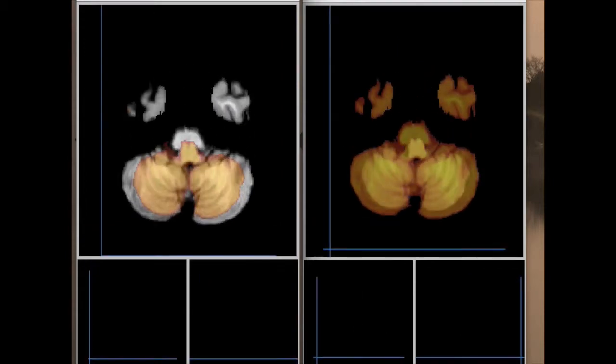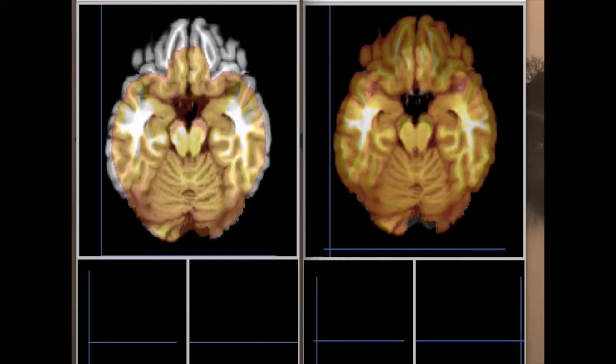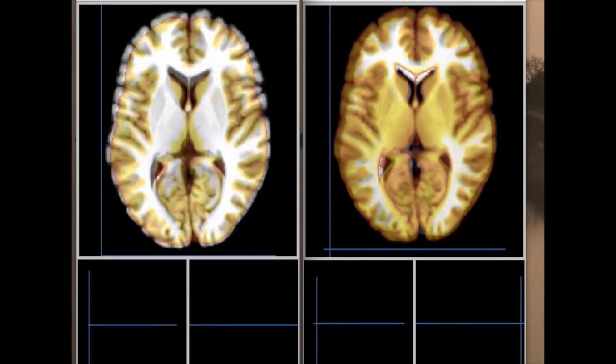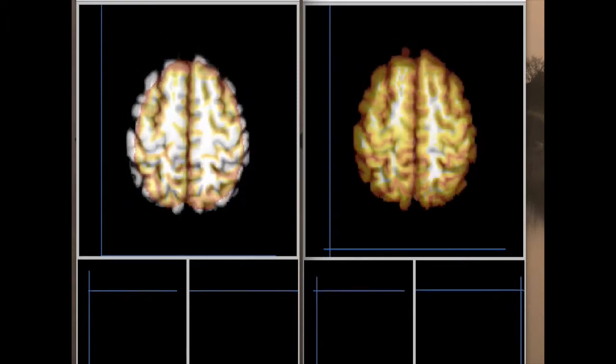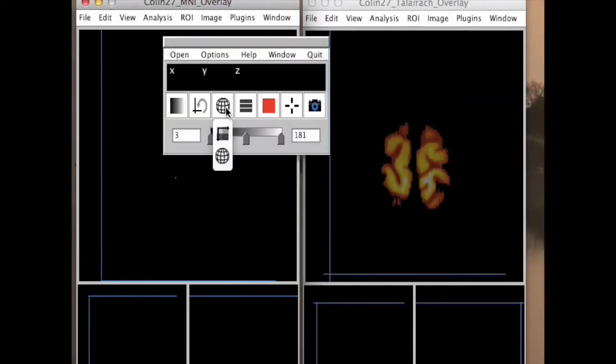So throughout the brain, you're likely to be a few millimeters off, up to 1 centimeter in the worst case. This is enough to have a significant effect on meta-analyses, which group data using both spaces. Side note, make sure to use Mango's world space setting if you want transforms applied. Otherwise, it will be image space, which puts the origin in the corner and isn't either of these reference spaces.